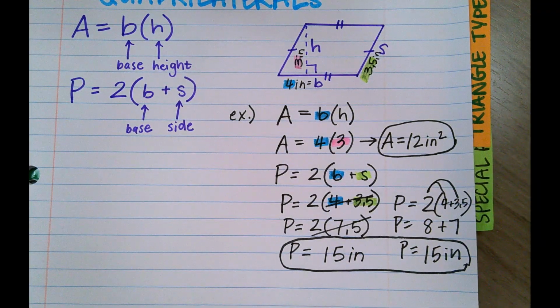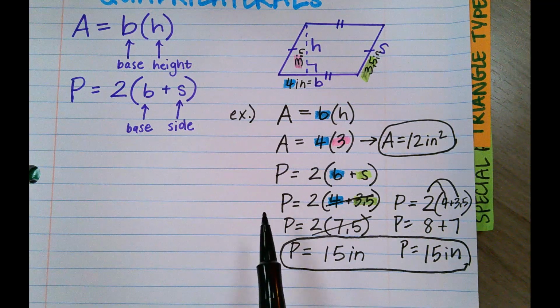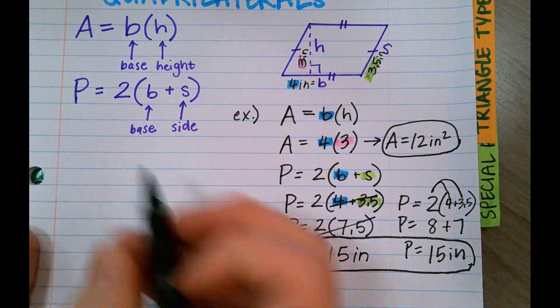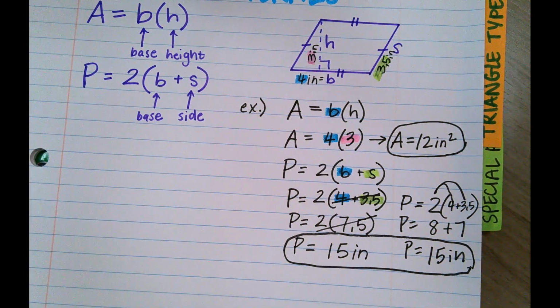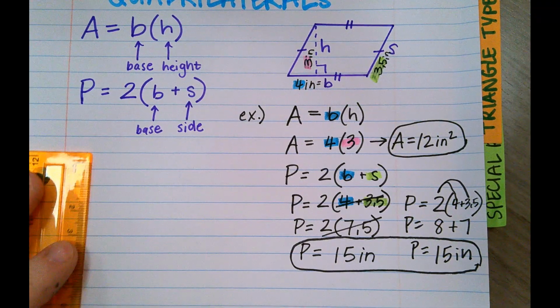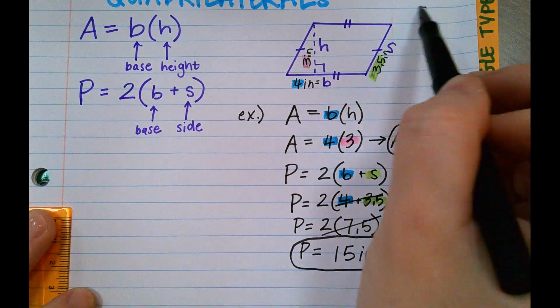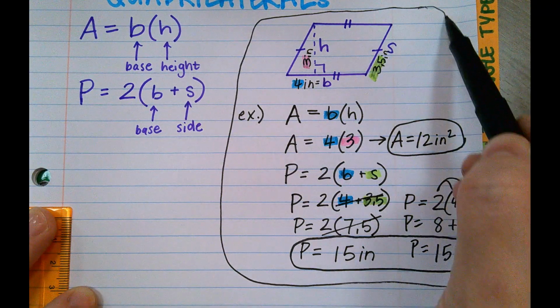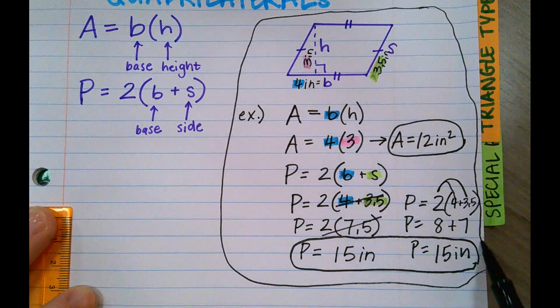Let's try another one of these. What if now I have a square? I'm gonna draw a square. Couldn't someone do it the other way? Actually, yes, you could, if they give you an apothem.